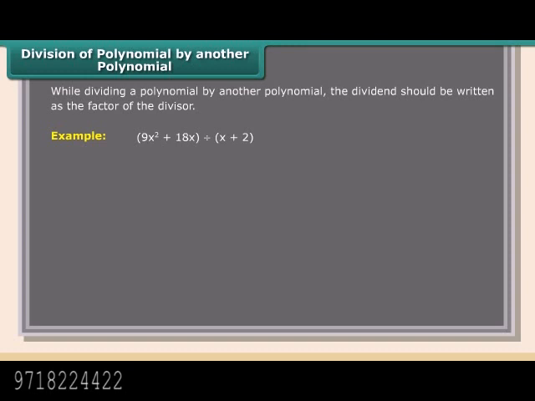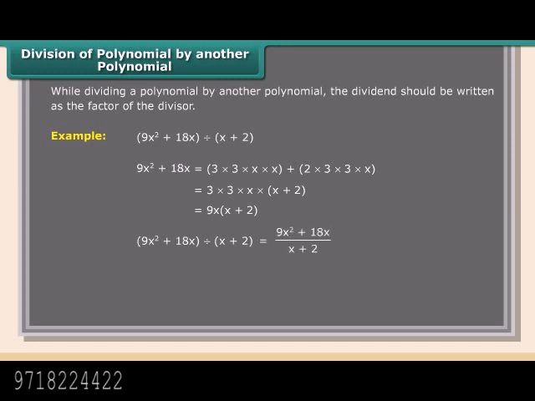Example: 9x squared plus 18x divided by x plus 2. 9x squared plus 18x is equal to 3 into 3 into x plus 2 into 3 into 3 into x is equal to 3 into 3 into x into x plus 2 is equal to 9x into x plus 2. 9x squared plus 18x divided by x plus 2 is equal to 9x squared plus 18x upon x plus 2 is equal to 9x into x plus 2 upon x plus 2 is equal to 9x.